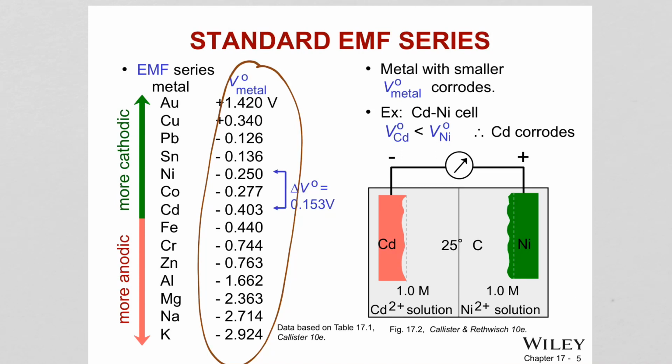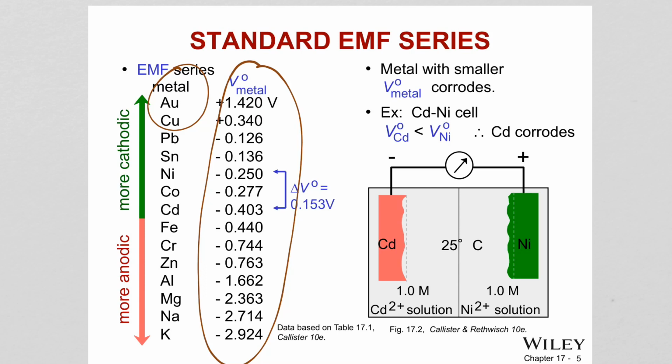the metal with the most positive electrode potential will always be the cathode. So in this case, gold and copper seem to have the most positive potentials, so they will act as cathode. The difference between the electrode potentials presents the driving force for corrosion of anodic metals.